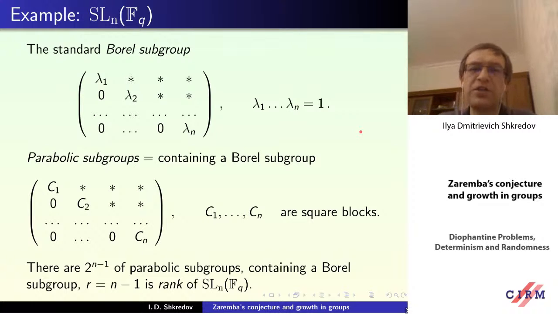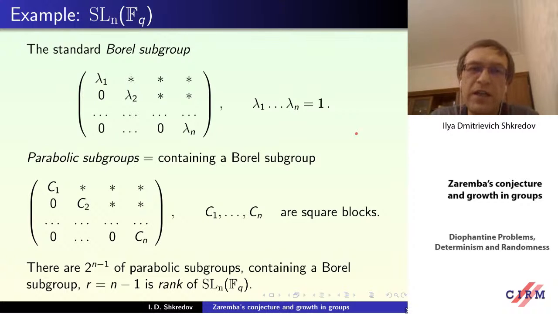And we are interested in parabolic subgroups. By definition, a parabolic subgroup contains a Borel subgroup, so any subgroup of such type, or conjugates of the upper triangular subgroup.